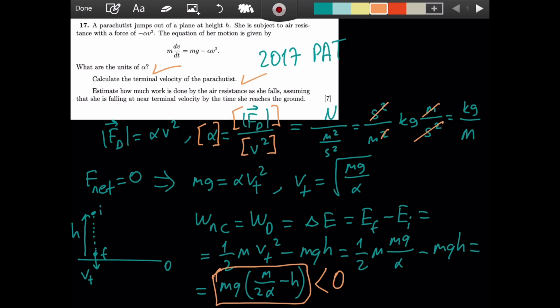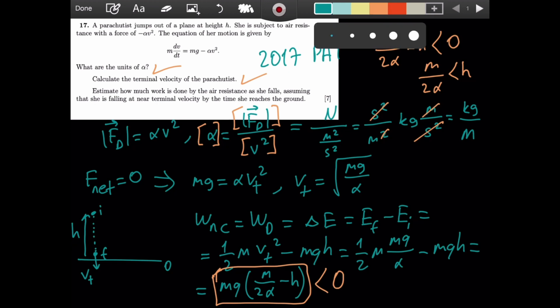And I want to mention one thing here. We're done, but I want to give a little insight. Since this is negative, this means that m over 2 alpha minus h is also negative. So m over 2 alpha is less than h. And what does this mean? Does it mean that alpha has to have a certain value?